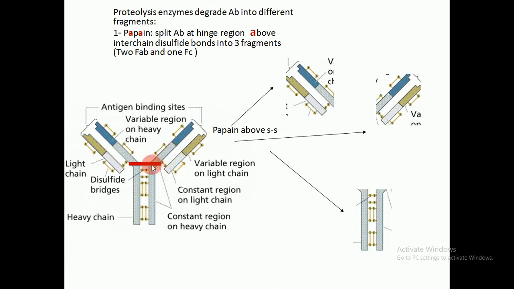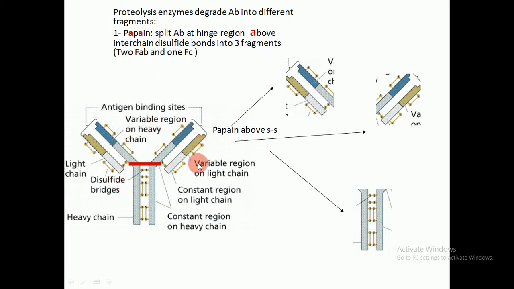The antibody is a protein, so like any other protein, it is degraded by enzymes called proteolytic enzymes, which degrade the antibody into different fragments. The first enzyme, papain, splits the antibody at the hinge region above the interchain disulfide bonds into 3 fragments: 2 Fab and 1 Fc.